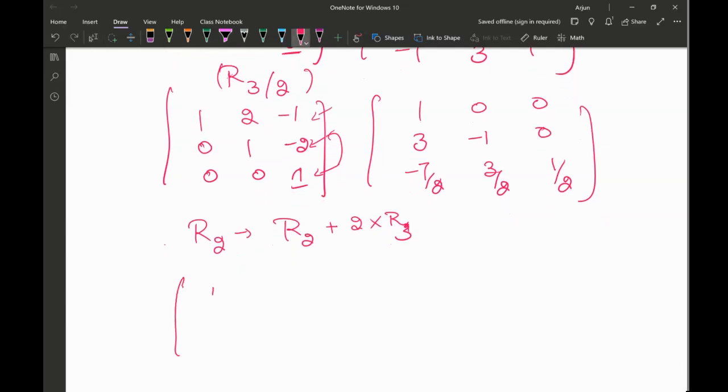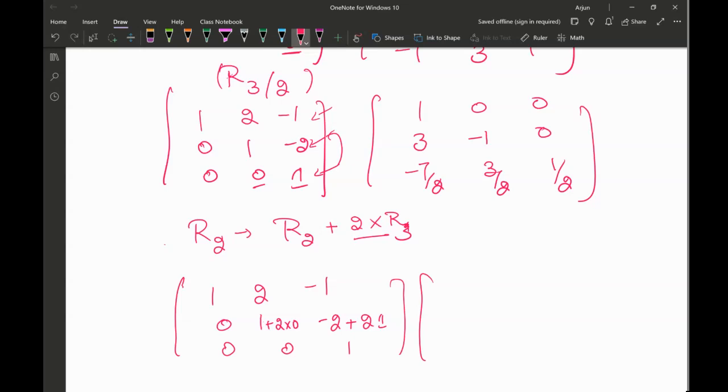So that's what I'm going to apply. 1, 2 minus 1, 0, and 1 plus 2 times 0, because this is 0, and here minus 2 plus 2 times 1. All right, and 0 0 1.